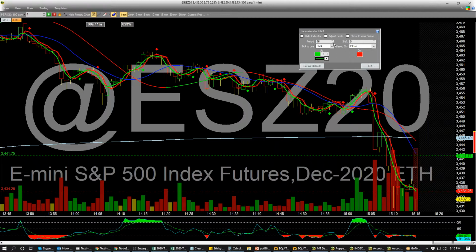There's an SMA that you can use, which got kind of close, but I couldn't get it to look as good as the T3, the EMA, which is what we ended up with.